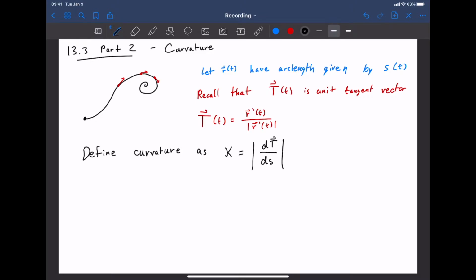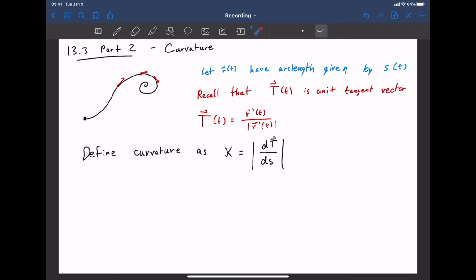So I guess my job right now is to convince you that this makes sense. Well, if we're changing our length and we're keeping that constant, like we move one foot more and we have a big change in the heading or the direction we're moving in, that would result in a big curvature, right?